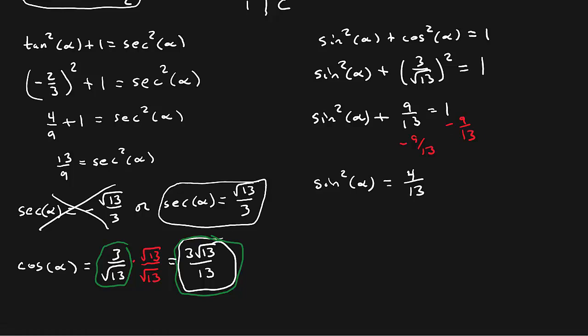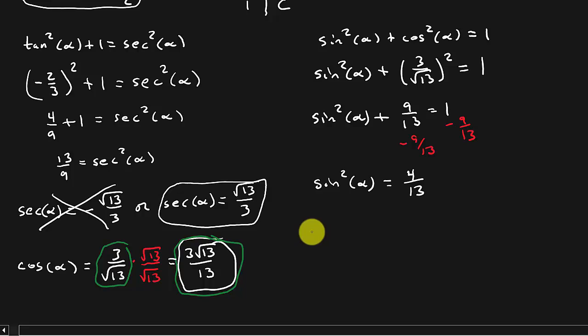Okay, so that would give us 4 over 13. And so now I have sine alpha is equal to plus or minus 2 over square root of 13.